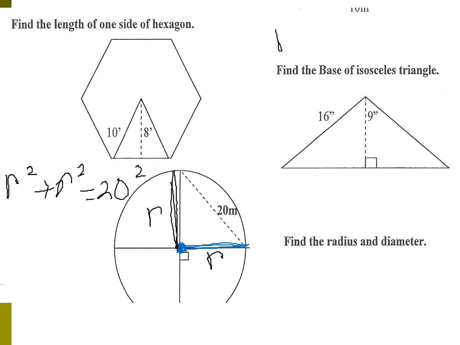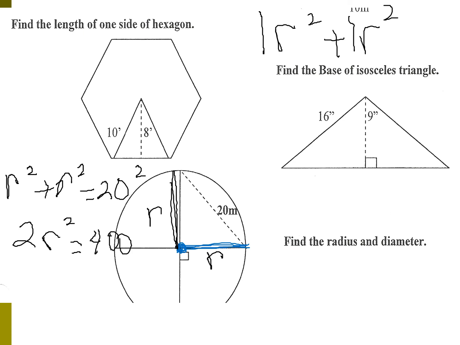Think about this: that's not r to the fourth, okay? What's in front of the r? Nothing, right? So that means a 1. 1r squared plus 1r squared equals 2r squared. That's how you do that algebra. 20 squared is 400.